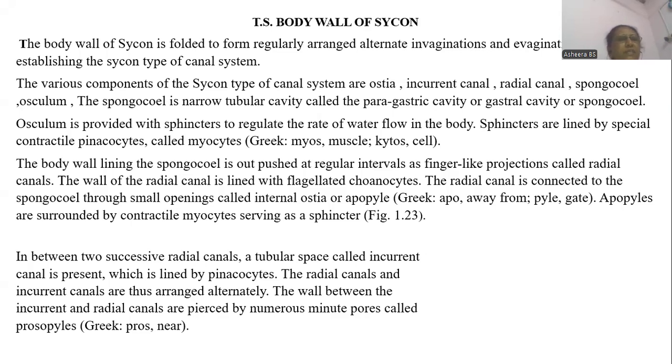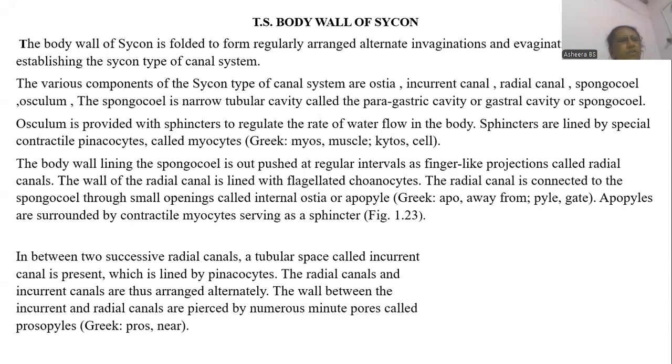Okay, and this radial canal is lined by flagellated choanocytes. The radial canal is always lined by flagellated choanocytes, and it connects to the spongocoel through a small internal ostium, which is also called the apopyle. The apopyle is also surrounded by contractile myocytes, which also serve as a sphincter.